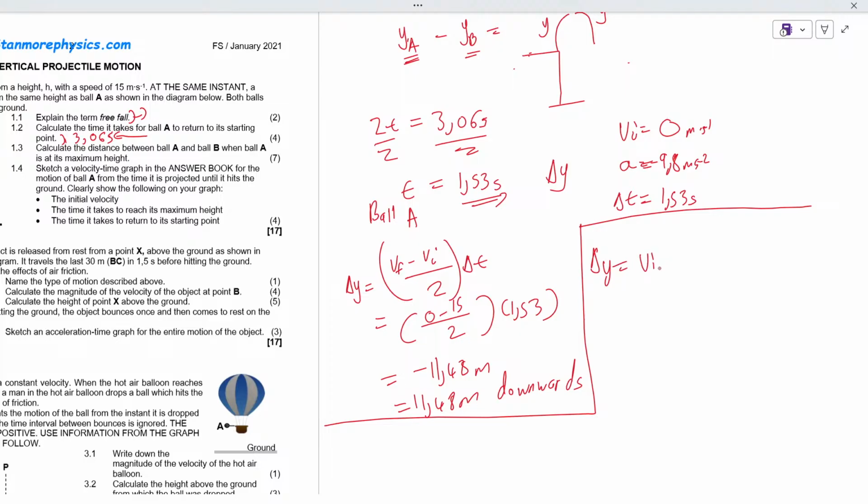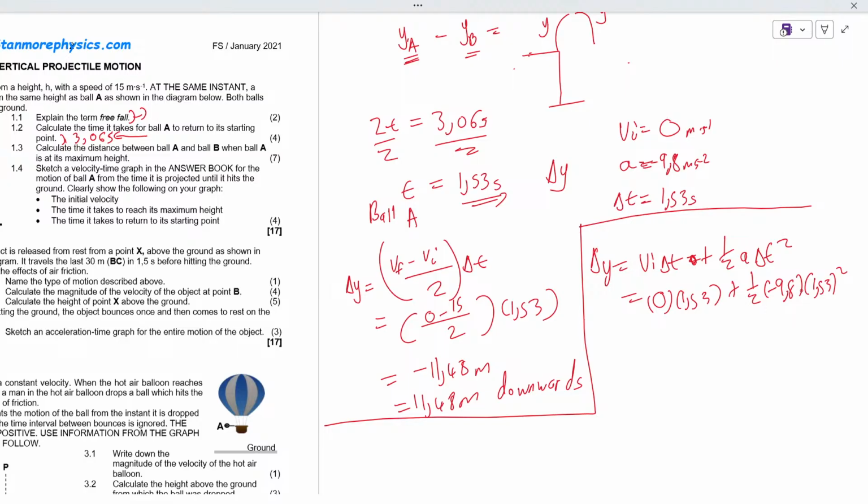V initial times change in time, plus half a times change in time squared. We just substitute 0 times the change in time 1.53, plus half times negative 9.8 times the change in time squared.